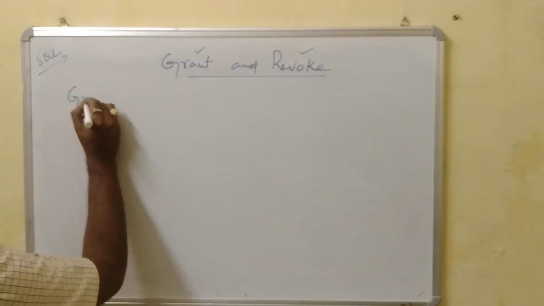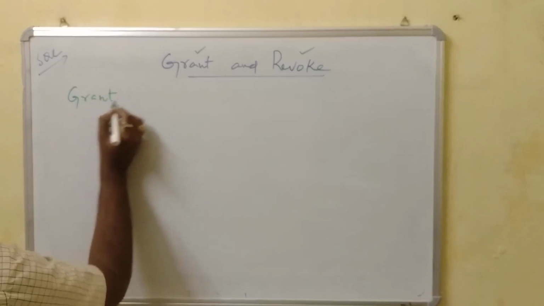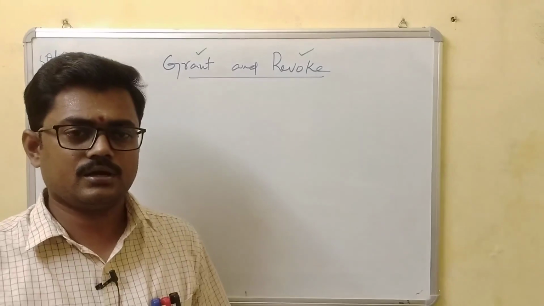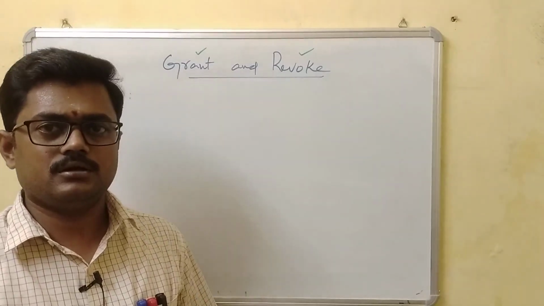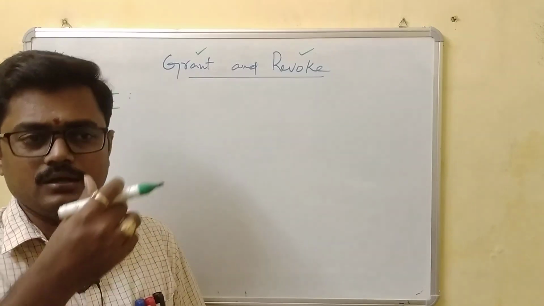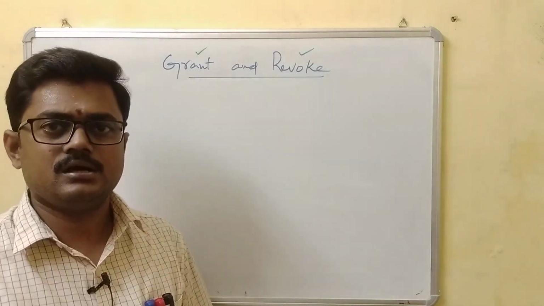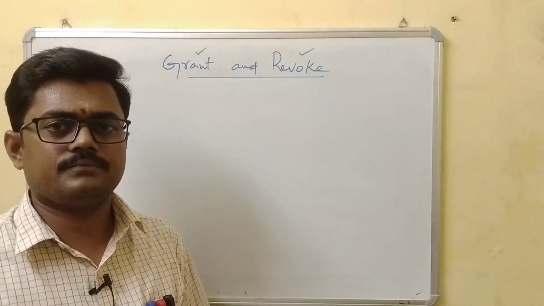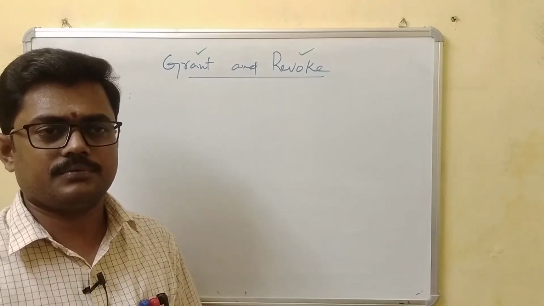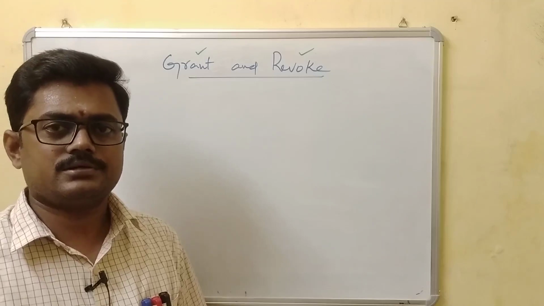So let us first of all work with the grant command. By name itself it is a granting command. The administrator is going to grant permission to the user to work on the database or on any table for some operations like select, delete, or update.